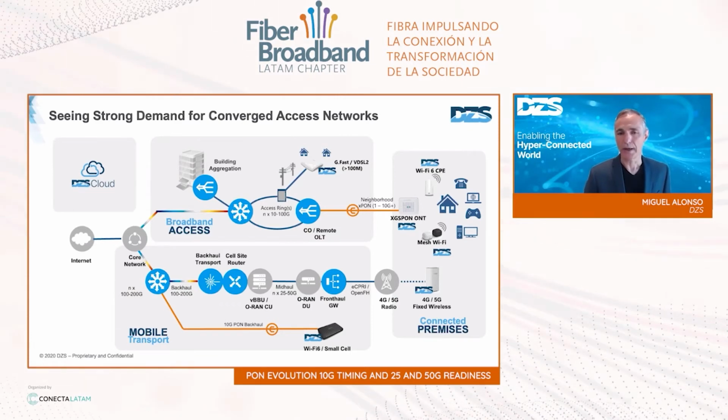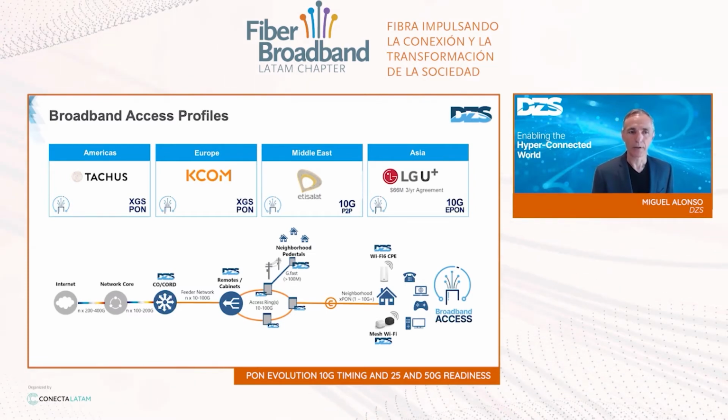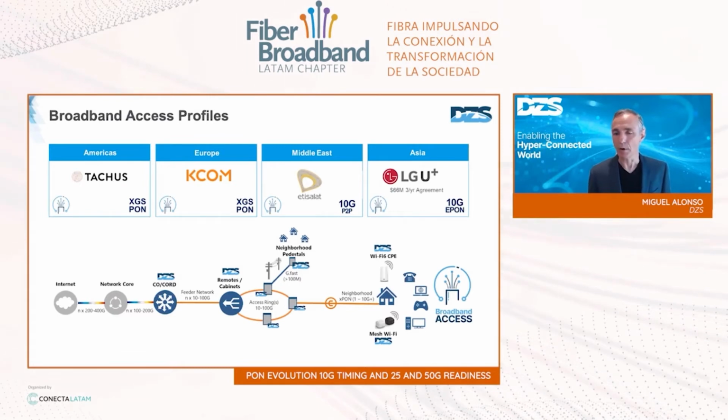And to illustrate that, I'm going to show you some examples of current DZS customers that are already deploying 10 gigabits per second class fiber-based access networks throughout the world. I'm showing you examples of an innovator in the Americas with TACUS, KCOM in Europe, Etisalat in the Middle East deploying 10 gig point-to-point services, or LGU Plus in Korea deploying, in this case, 10G EPON based services.